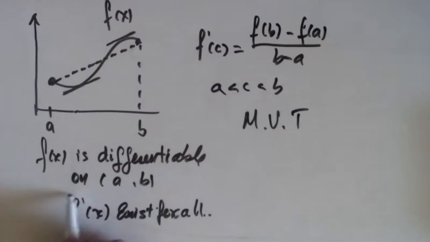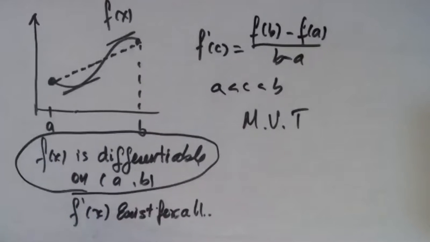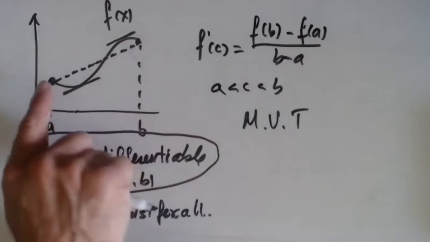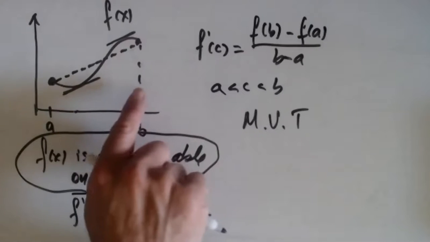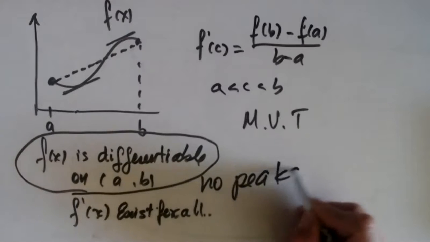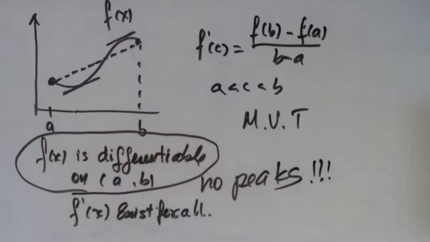But this is the condition: f of x has to be differentiable in the whole interval. So it has to be smooth between a and b. No peaks. Okay? No peaks. Everybody catch that?